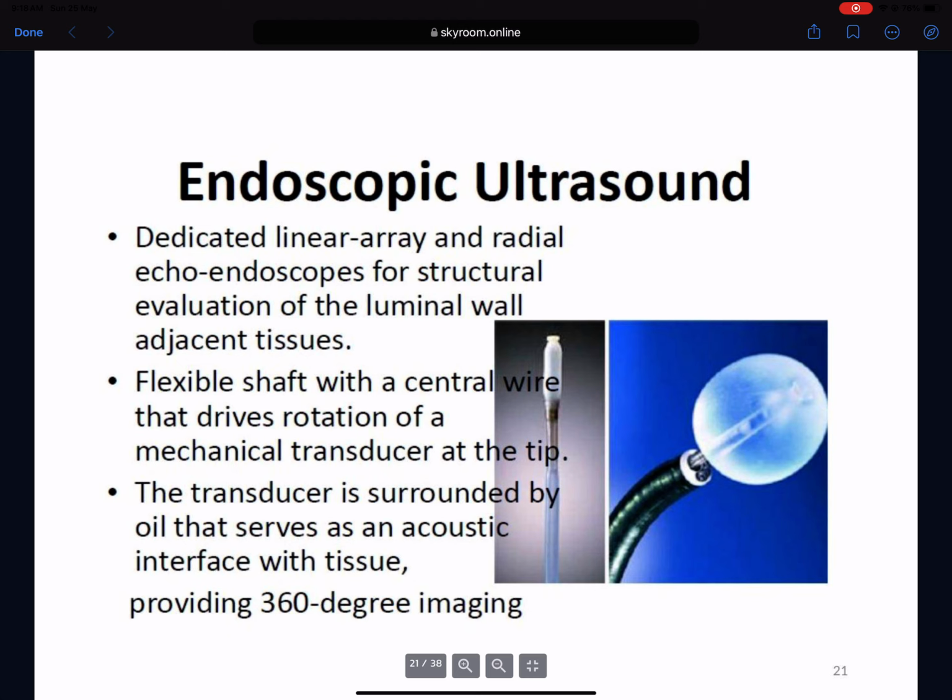Does anybody remember why we cannot use ultrasound to see inside the stomach from outside the body? Yesterday I talked about that. Why is ultrasound not a good process to evaluate the lungs, okay? And what about the stomach? Can you explain why ultrasound is not a good process?